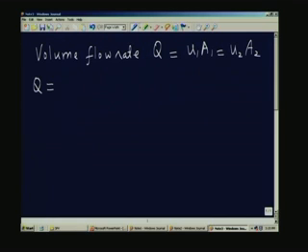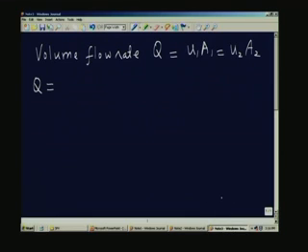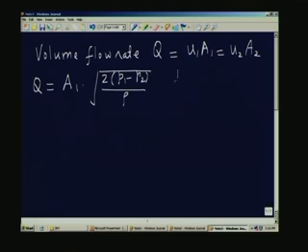If you go back to the previous, you can see here u1 from equation 3, I can solve for u1 in terms of the other quantities and substitute to get a1 multiplied by u1, which is nothing but square root of 2 into (p1 minus p2) by rho, this is from equation number 3, multiplied by 1 over square root of (a1 divided by a2) whole squared minus 1.